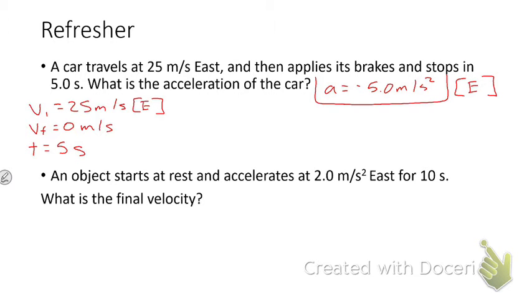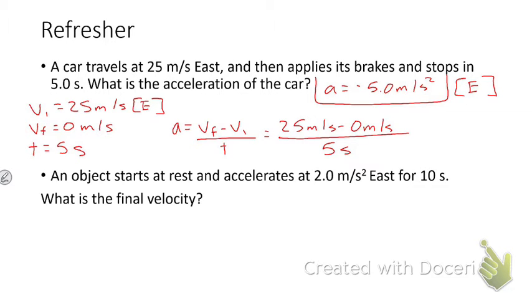Okay, we're asked what is the acceleration of the car, okay? So from our formula sheets, we know that acceleration is equal to VF minus VI over the change in time. We know all of these, so we can just plug it into our formulas. So we have 25 meters per second minus 0 meters per second divided by a time, which is 5 seconds.